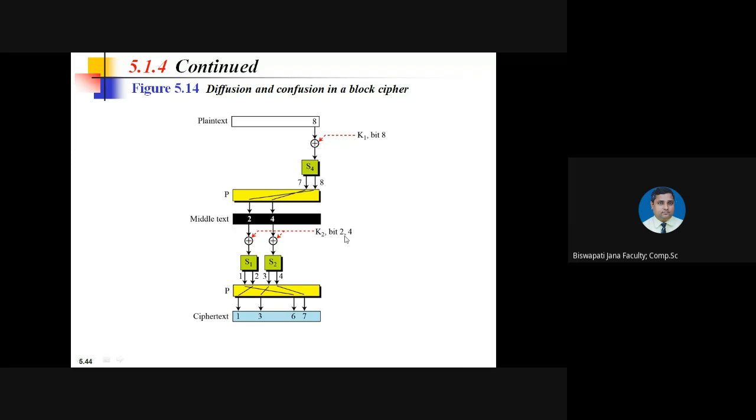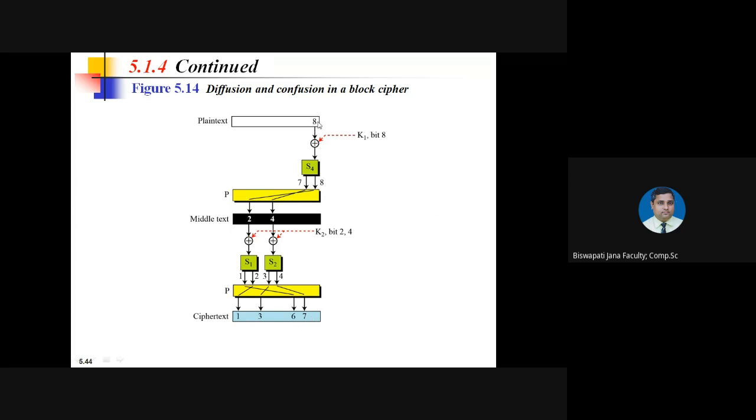Again, with K2, places 2 and 4 are XORed, then it goes to the substitution box, which can generate places 1, 2, 3, 4. These places 1, 2, 3, 4 go to 1, 3, 6, 7. So the bits at places 1, 3, 6, 7 may be 0 or 1, any one. All of these depend on the bit of the 8-bit plain text.